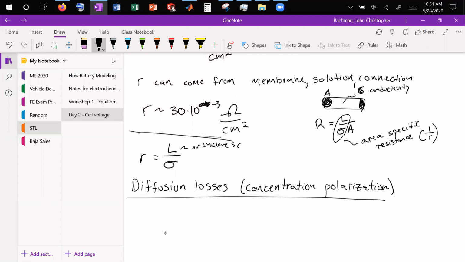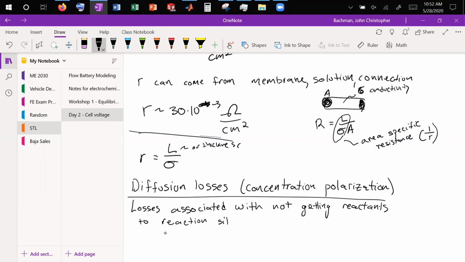Right, and so this is losses associated with not getting reactants to reaction sites, or getting products away.